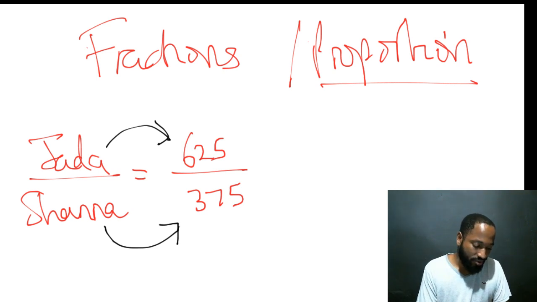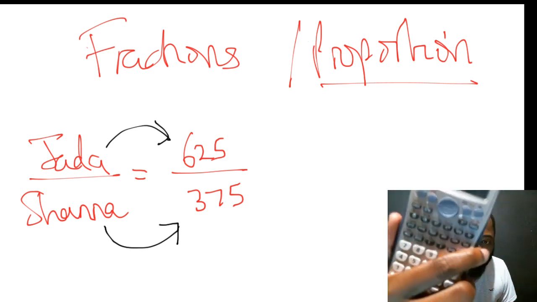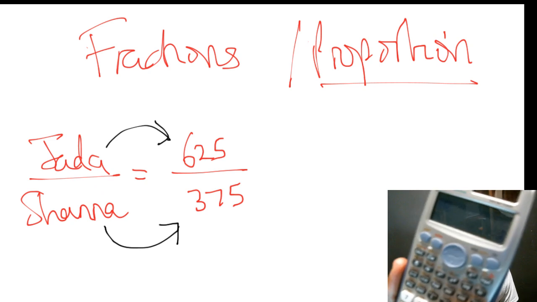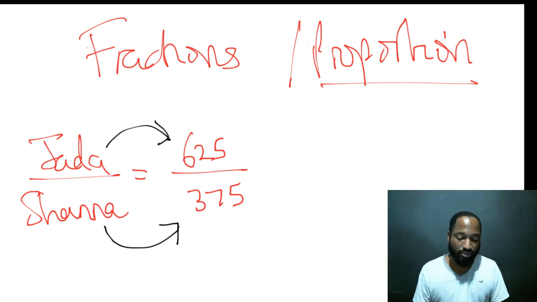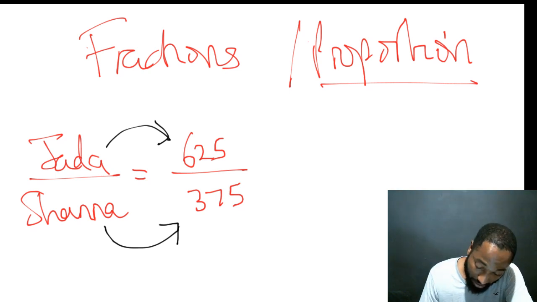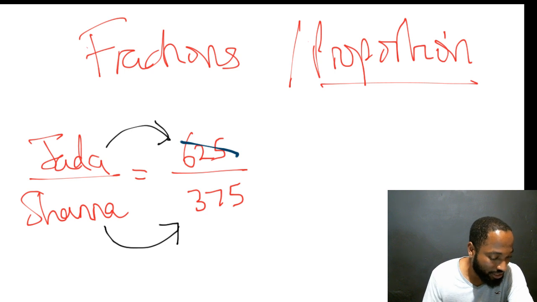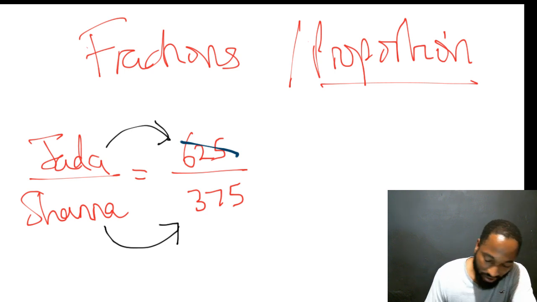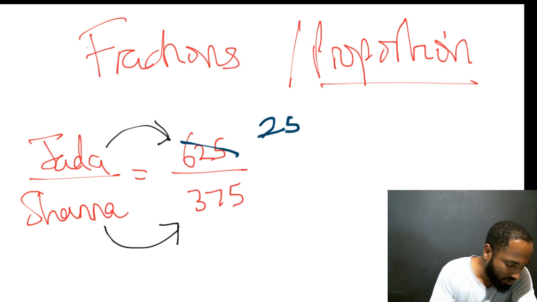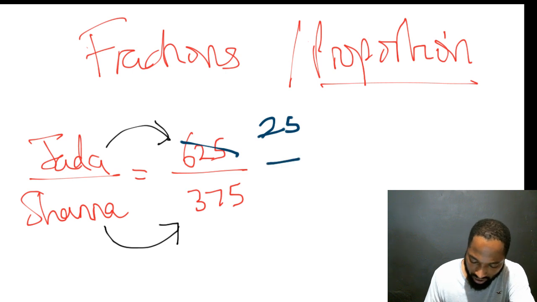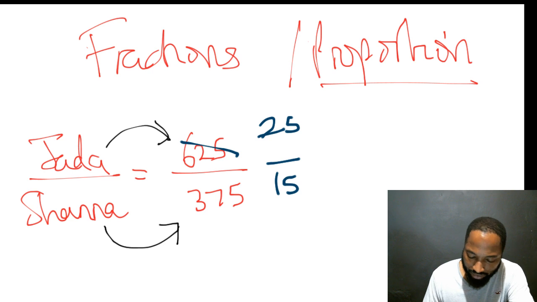You just type 625 over 375 and press equal, and it puts it in the simplest form. Or you could break it down by 25: 625 divided by 25 gives 25, and 375 divided by 25 gives 15. Then break it down by 5 to get 5 over 3. So the answer is 5 over 3.